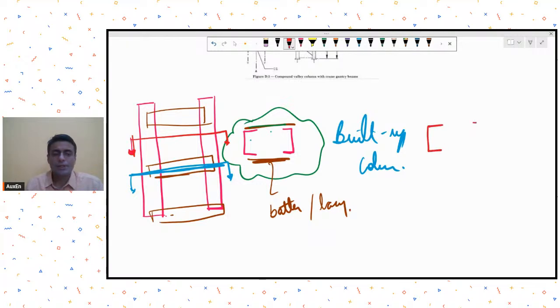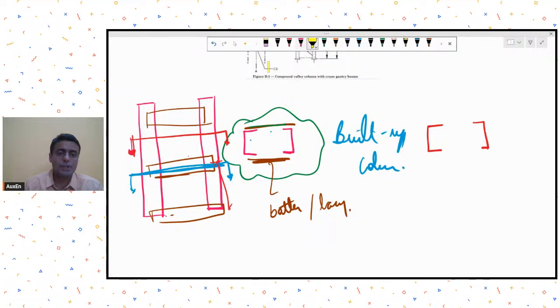So here the cross-section should look like this. So when I am checking the member strength in STAAD or ETABS, usually we will not be modeling any of the battens or lacings, because they are not provided throughout the length of the member. That means they are provided at certain spacings.